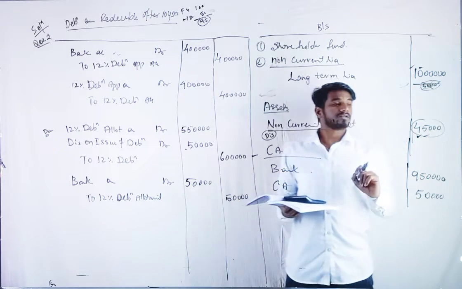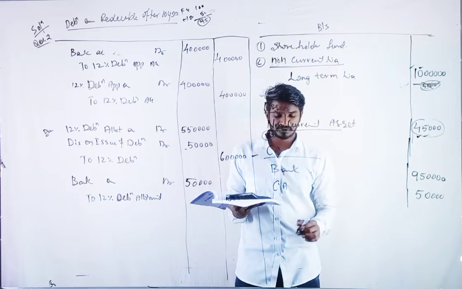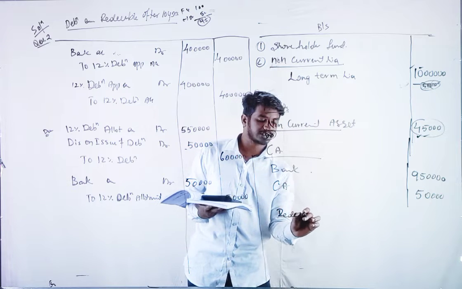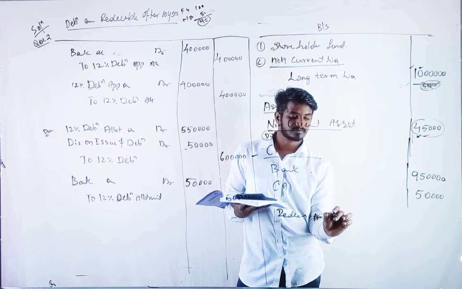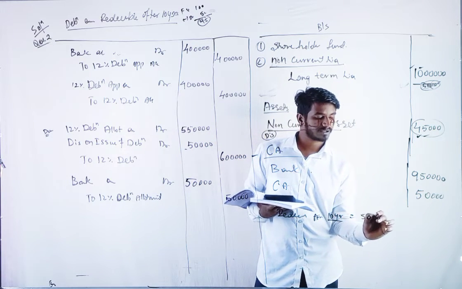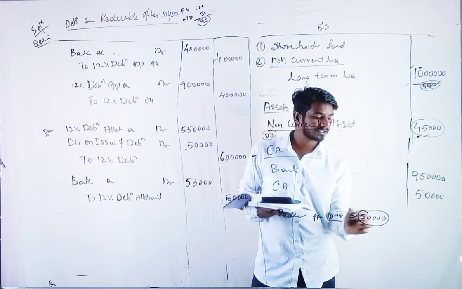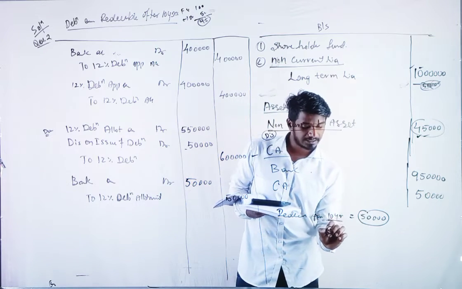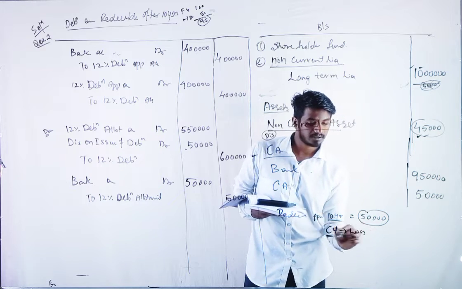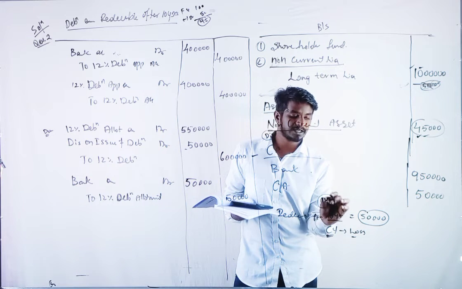Okay. So how did you calculate the 45,000? The basic concept is, we should redeem after 10 years, right? After 10 years we have a loss of rupees 50,000. Out of that 50,000 loss, part is the current year loss. Out of the 10 years redemption period, the first year is related to the current year.